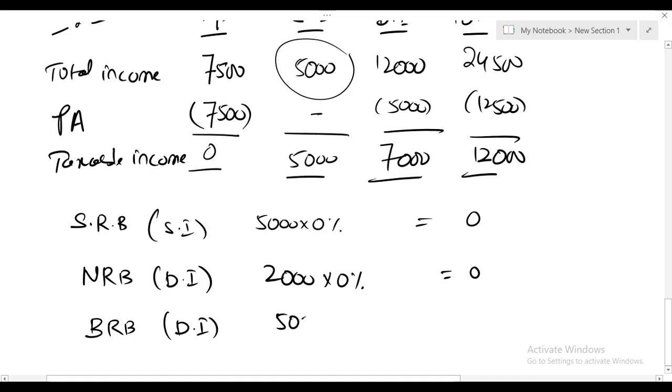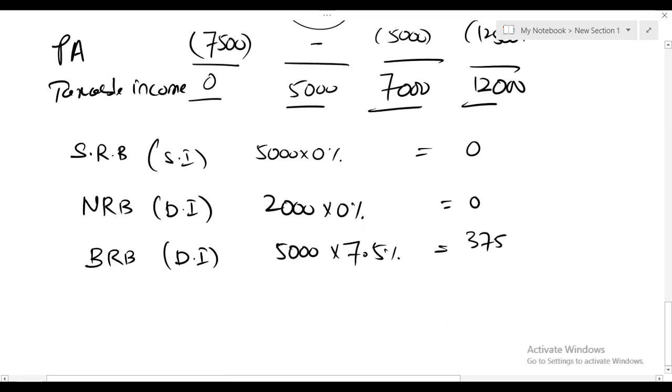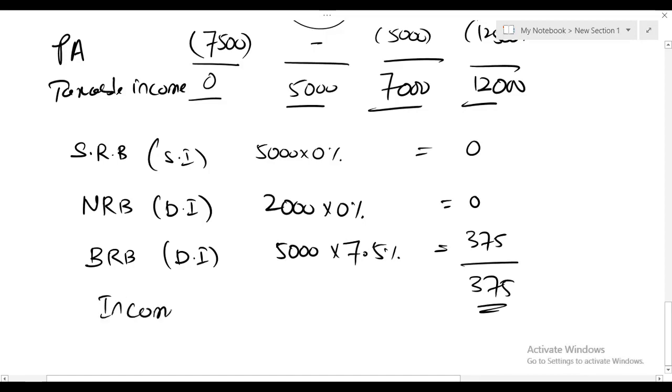In the basic rate band for dividend income, the tax rate is 7.5%. 5,000 into 7.5% comes to 375. So your income tax liability is just 375.